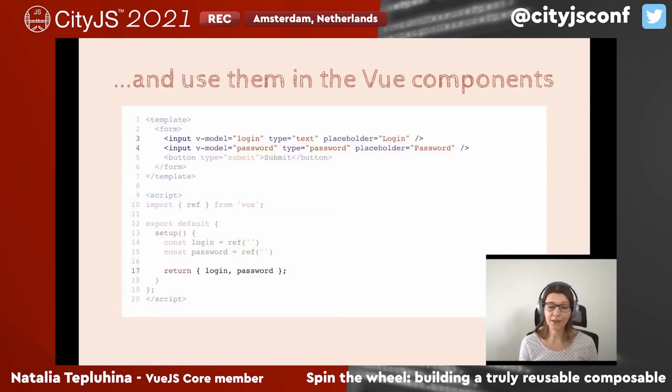And obviously we can use this standalone reactive state in our Vue components. So we can call it in a specific function called setup, and we can use this in the Vue component template.